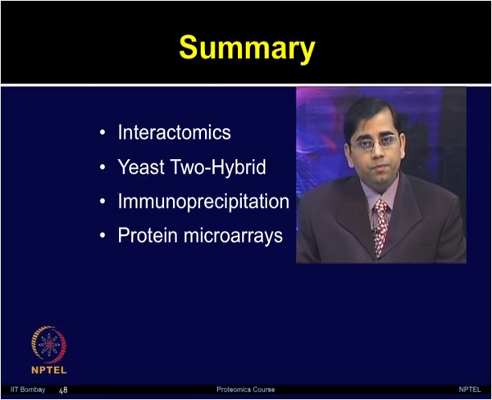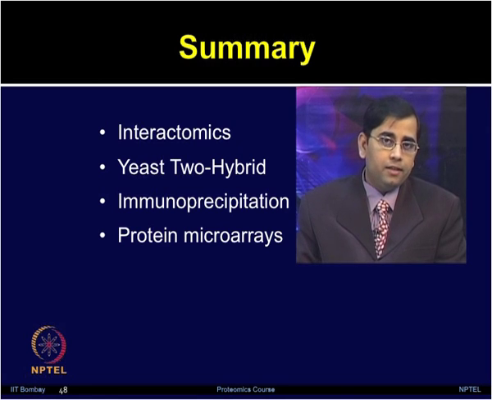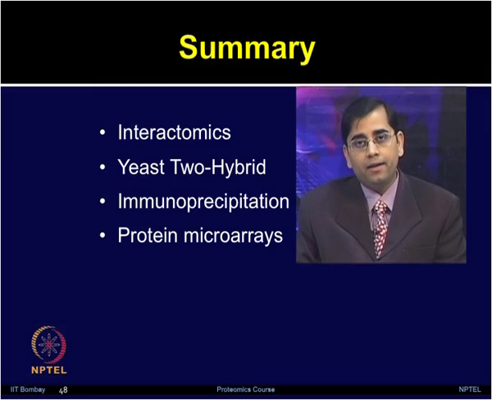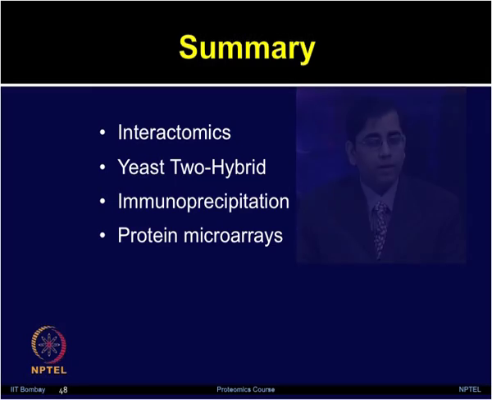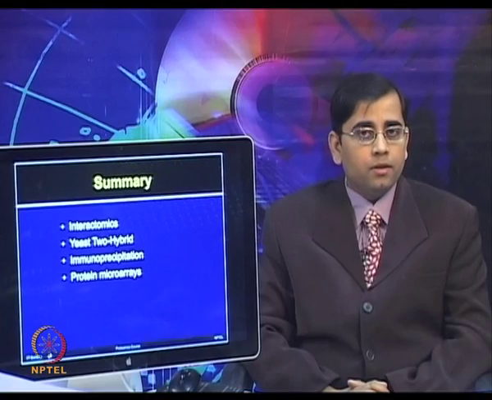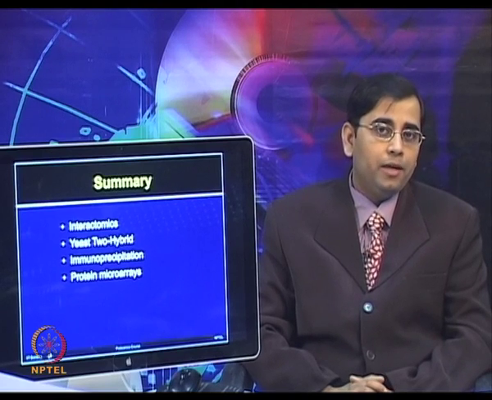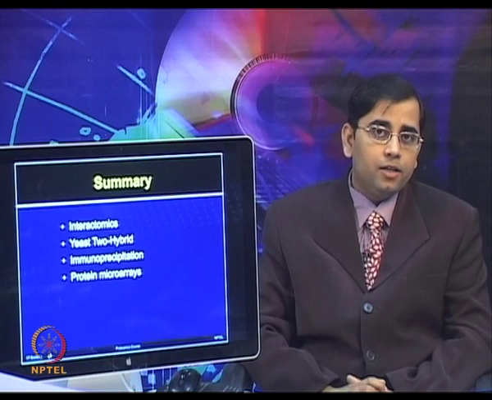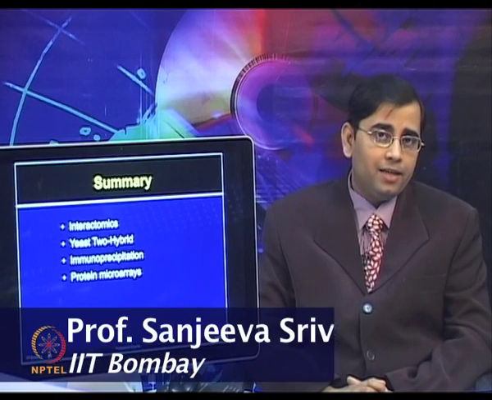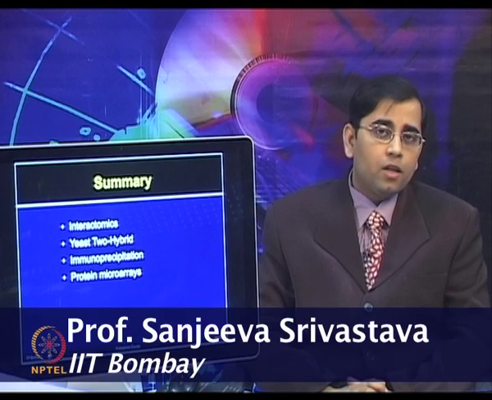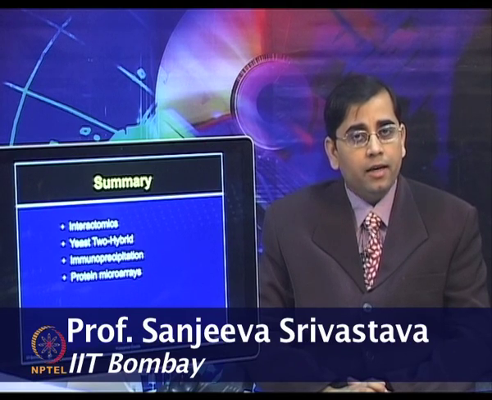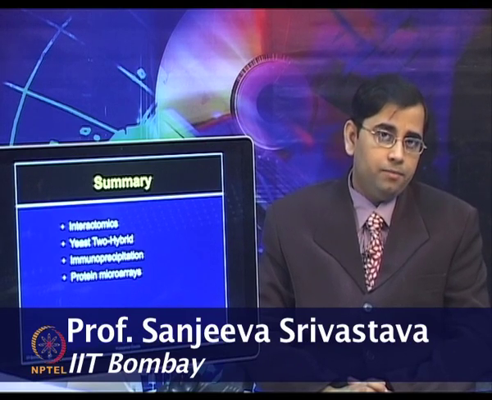Then I have shown you a variety of platforms currently being used for studying proteins in a high throughput manner by using protein microarrays. There are different types of advancement that have happened in the protein microarray field, such as the use of cell-free expression based methods, as well as coupling the protein microarrays with label free detection systems.